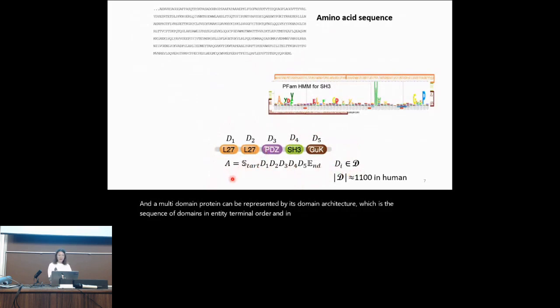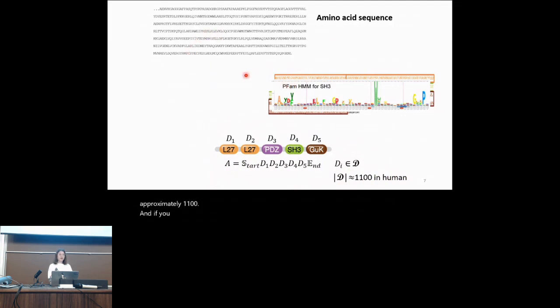In the mathematical notation, we add start and end symbols. The tokens in this string are from an alphabet of all domain families represented in the genome. For example, the size of the human domain alphabet is approximately 1100.